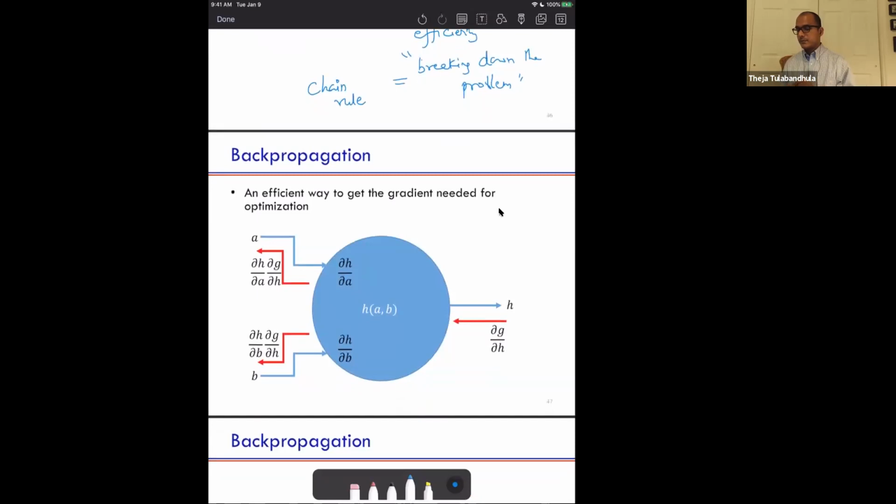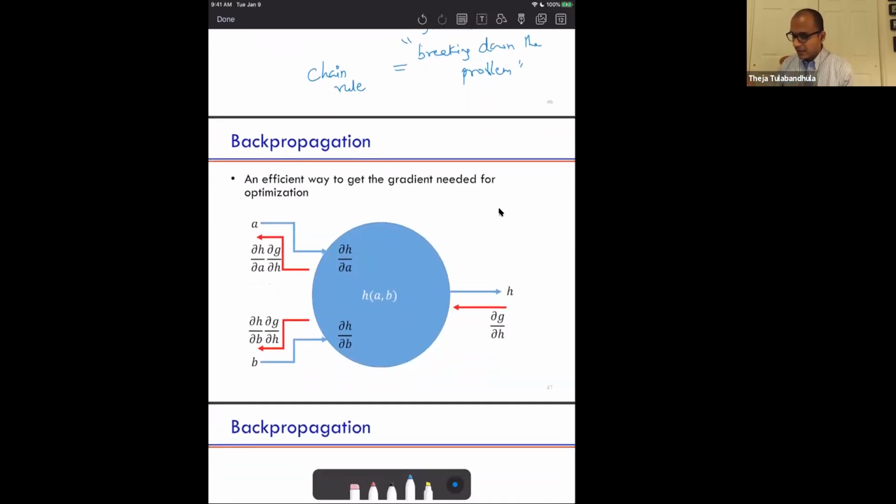We'll look at an example in the next slide, but the mental picture you should have is this. Let's say there's some computation happening, which is H. H takes two inputs, A and B, and produces an output, a value. So A and B go in, and out comes a value H.